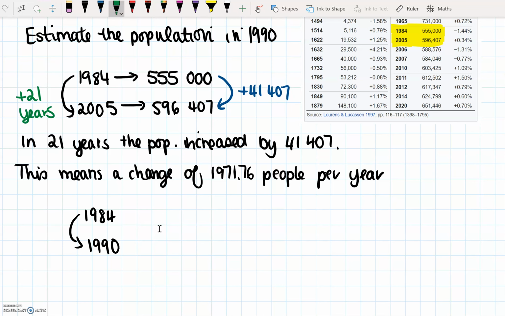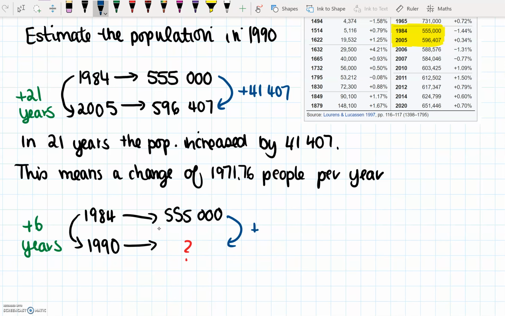So we have plus 6 years. Now in 1984, again, we had 555,000. And in 1990, that's the one that we don't know. But to calculate it, we have plus this wonderful number that we just came up with.